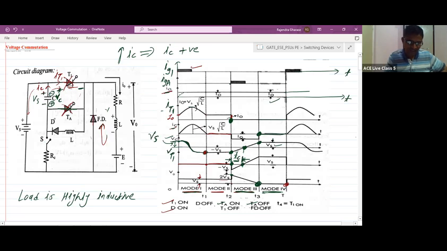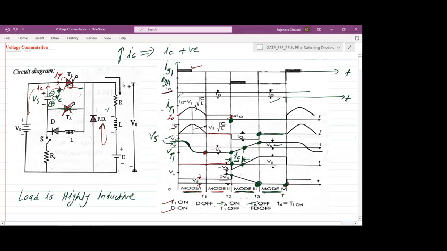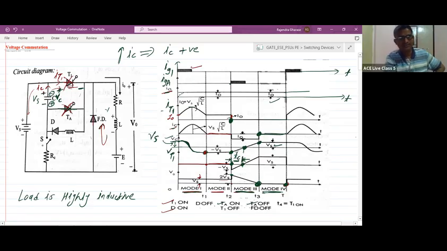At the start, in order to charge the capacitor, we use this switch. You can check once mode 4 completes, and again if I apply the gate signal, before that instant, what is the voltage across the capacitor? It is already VS. It is holding. So there is no need to switch this on again. Okay, sir.